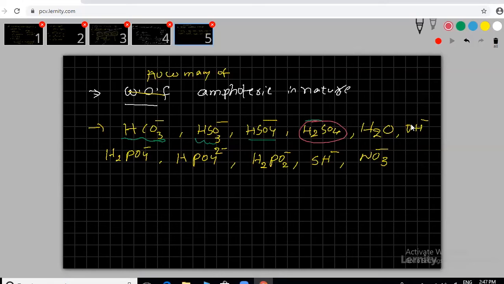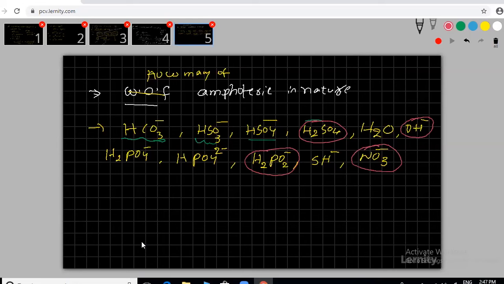Water can act as amphoteric, but OH minus can't donate H plus ion. H2PO4 minus can donate H plus and can accept H plus. HPO4 2 minus also, but it can't donate H plus because it is a base. SH minus can donate and accept, but they can't. So except these four, the remaining are amphoteric in nature.